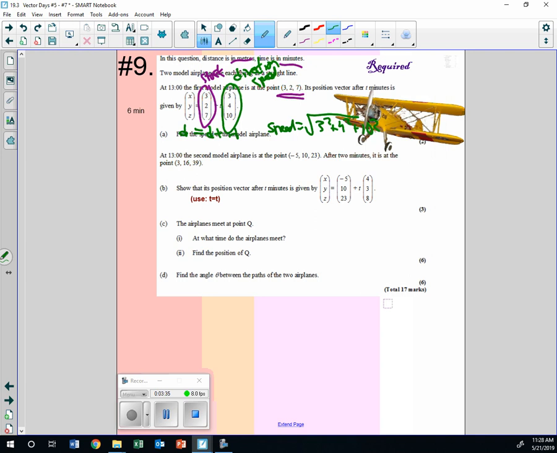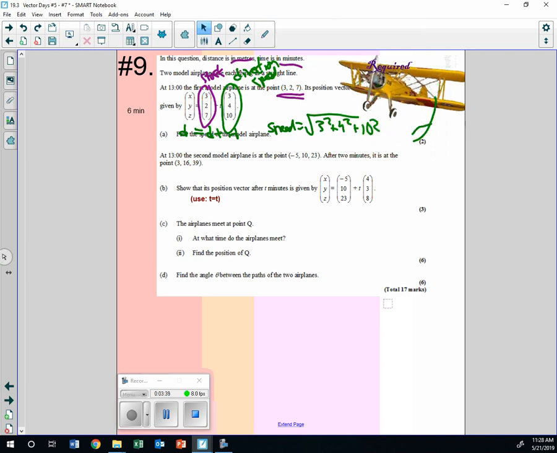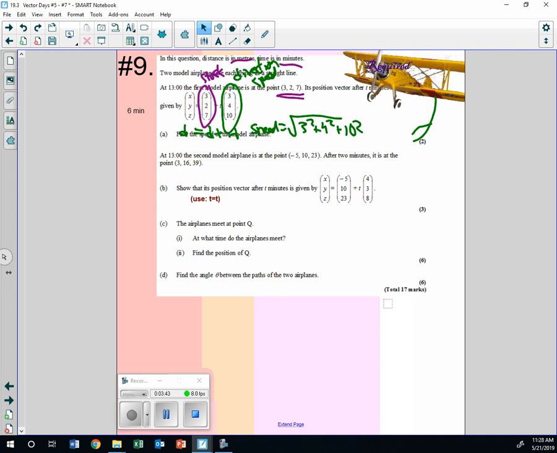And what is that? Square root of 125? Does that sound right? Yeah. Square root of 125 meters per minute. Don't forget your units there. You don't need to calculate that unless you want to.